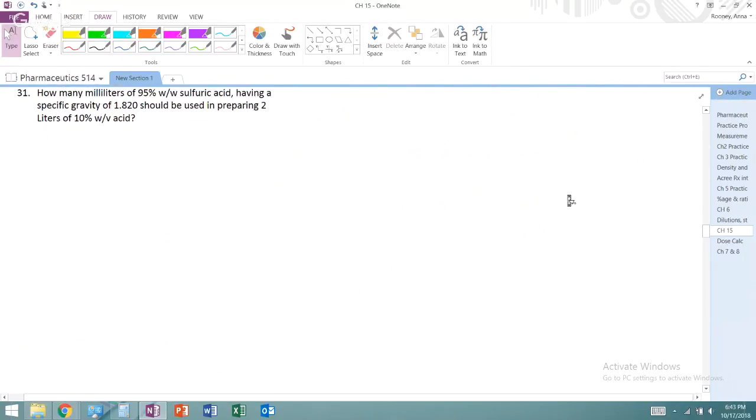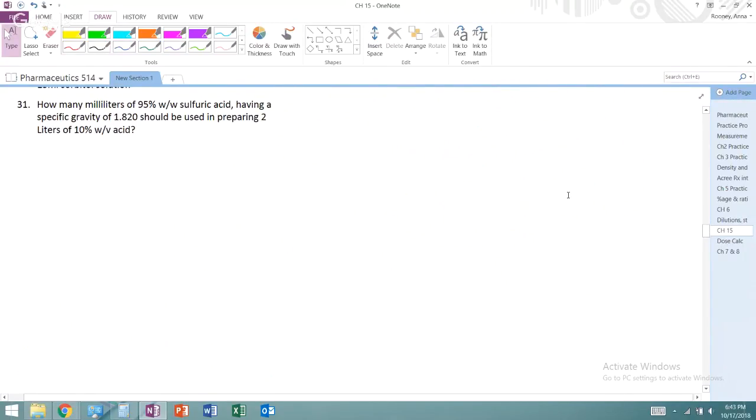All right, how many milliliters of 95% sulfuric acid having a specific gravity of 1.820 would be used in preparing 2 liters of 10% weight per volume acid? This one has a couple of steps.